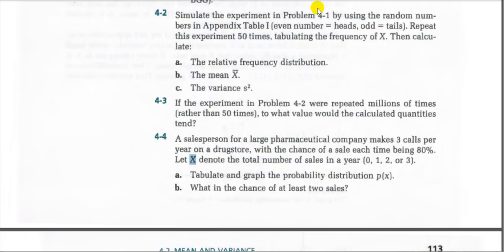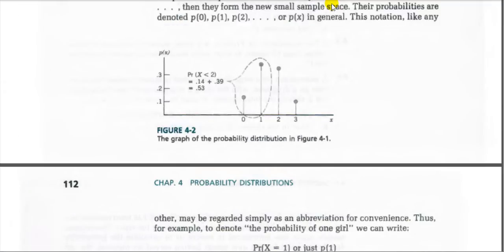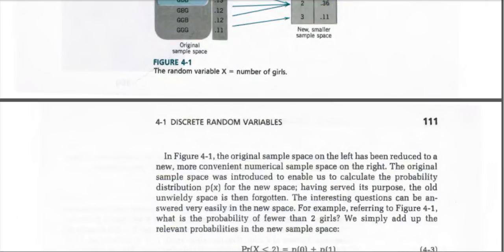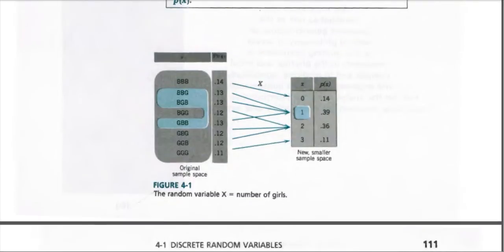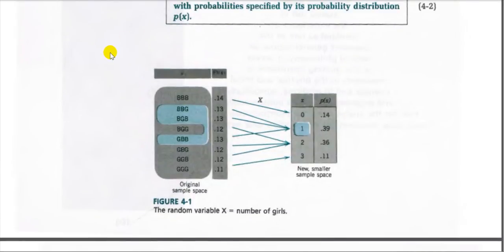So this is kind of the same picture as this. But here, the first call is not whether there's a boy or a girl, but whether he makes a sale or not, so like S or N, S or N, S or N. And then what would be the probability of SSS, and SSN, and so on?